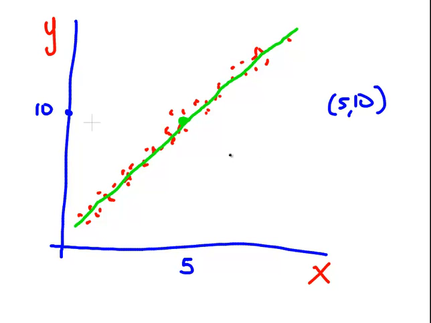You might have something like y hat equals, and I'll come to why the hat is there shortly, 0.05 plus 1.95x. I'm just making up some data here. That's our regression equation.